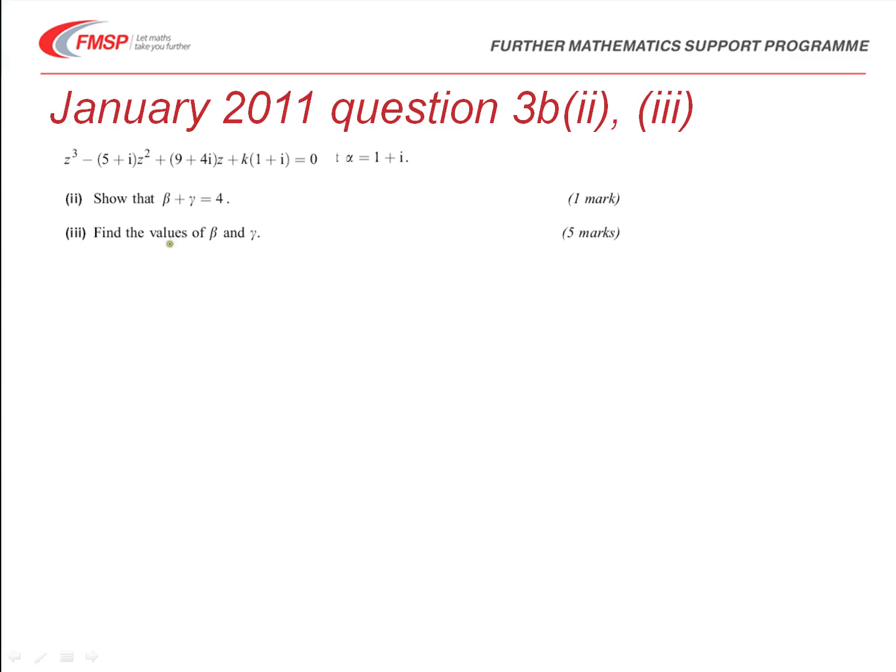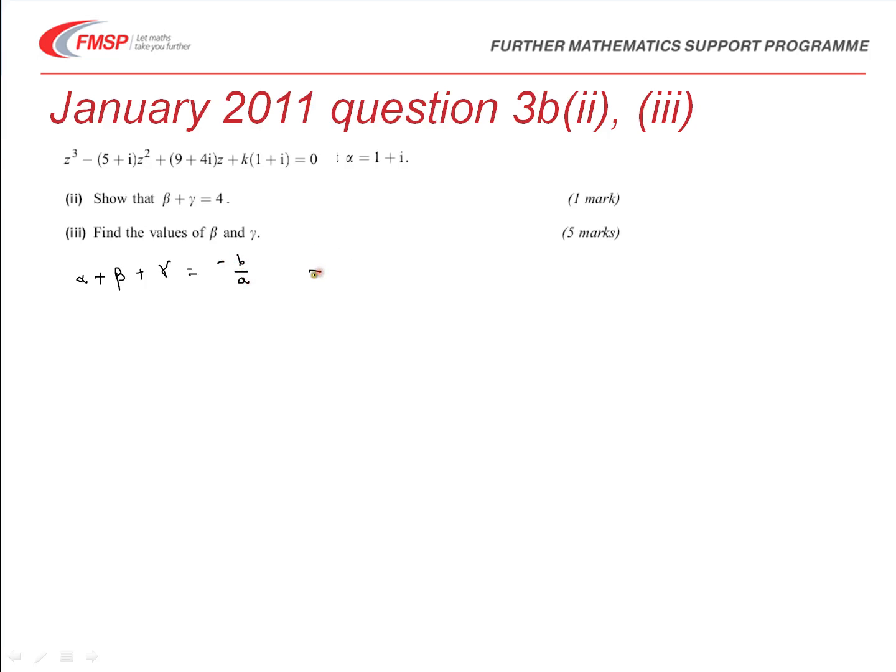Okay, well, part 2 of this question then asks us to find out what beta plus gamma is equal to. Well, we know, if you remember, that alpha plus beta plus gamma is equal to minus b over a.